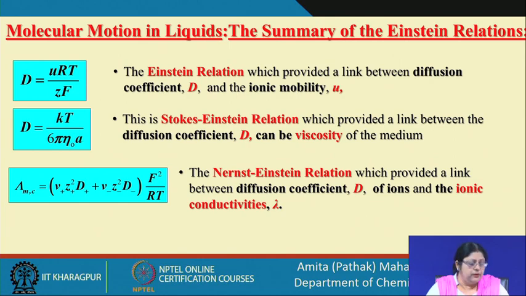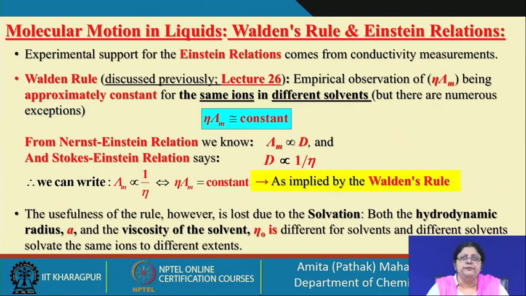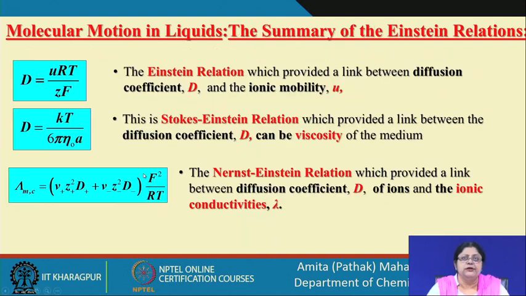So, according to that, this relationship gives us the fact that the molar conductivity is directly proportional to the diffusion coefficient of the particles in the medium. Then again, from the Stokes-Einstein relationship, what we had, this is the Stokes-Einstein relationship.